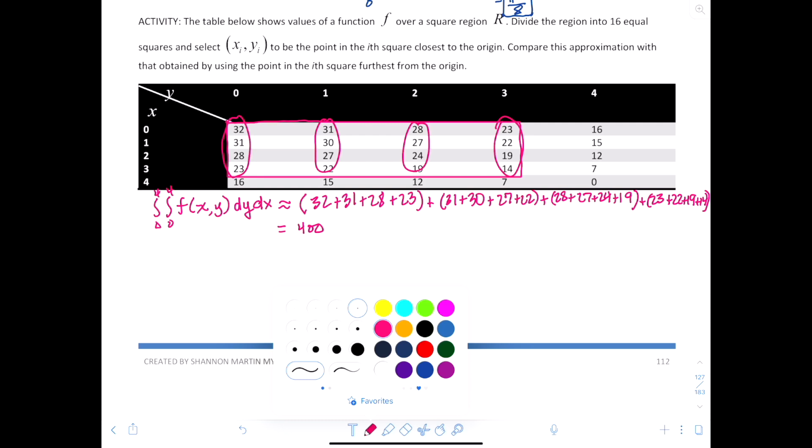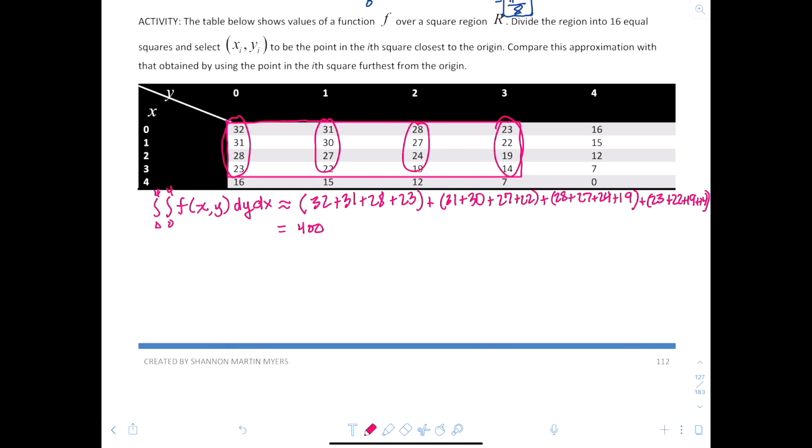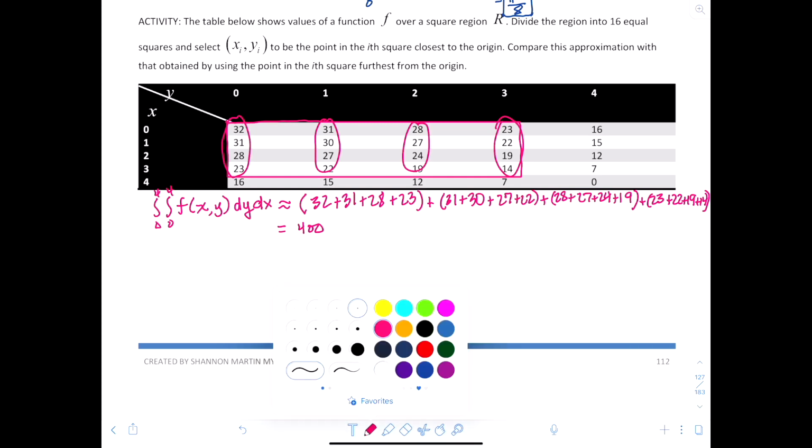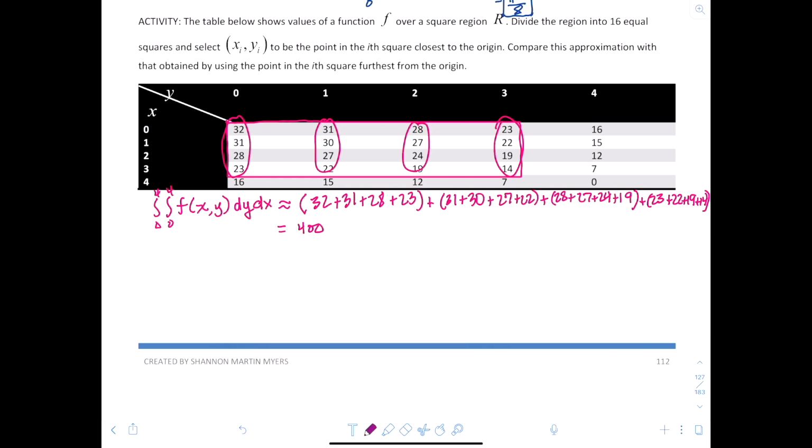So for our area, now if I move from that, and go to using the rightmost on the x and the uppermost on the y to pick my squares, I'll be having this purple stuff right here.